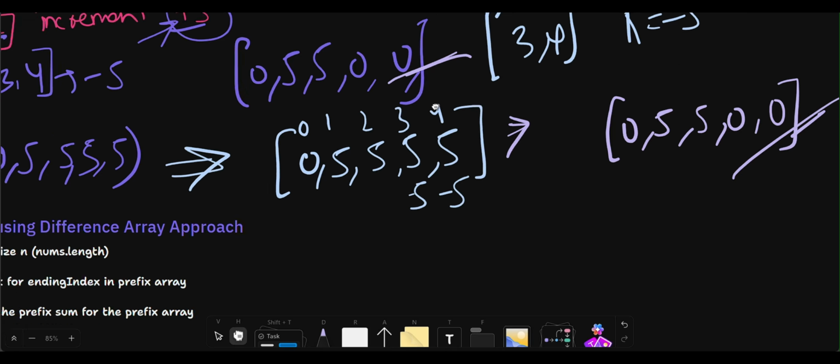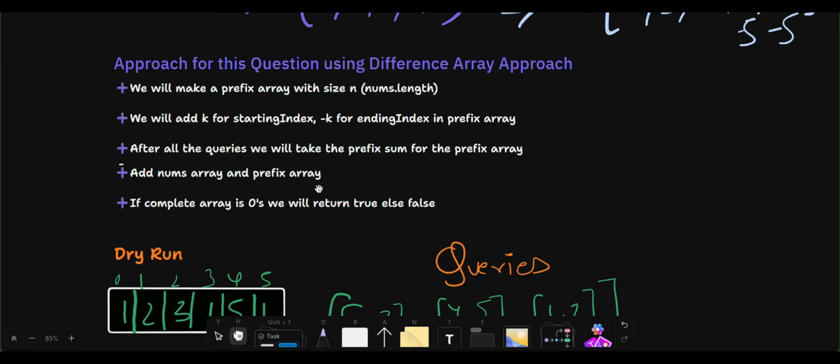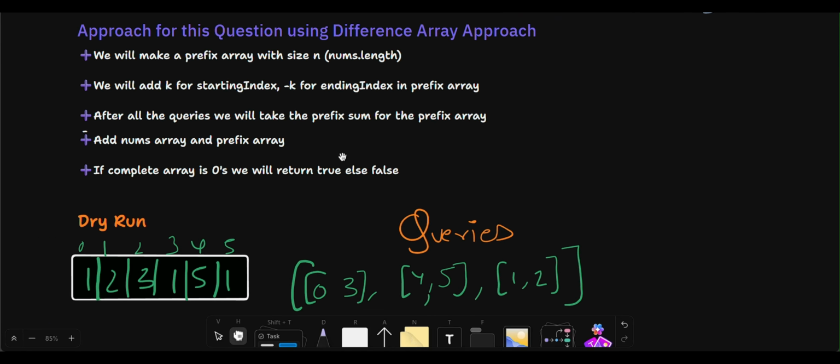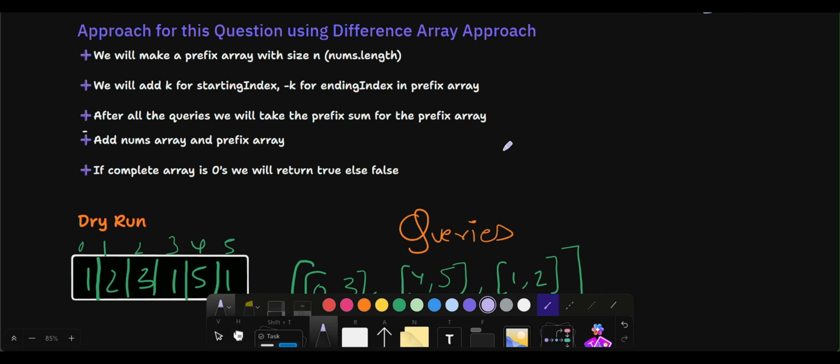Now we'll see the algorithm for this particular question, which is very similar to the difference array approach, only the last step is extra. First, we have to make a prefix array of size n, which is the nums length. Then we will add k for the starting index and minus k for the ending index plus 1.